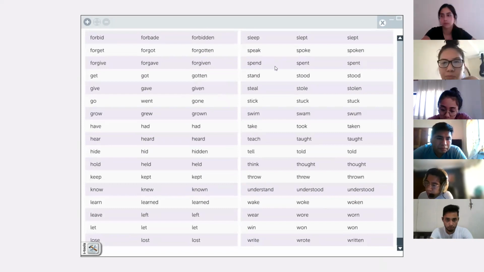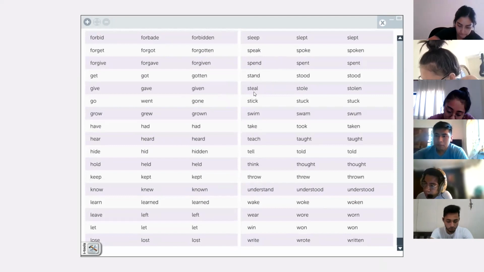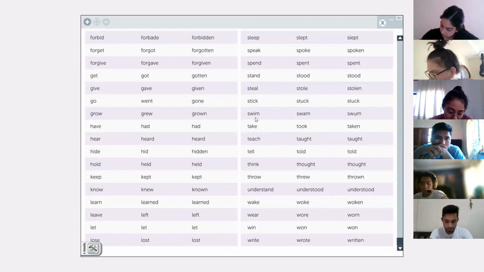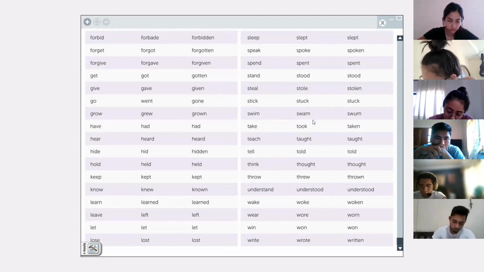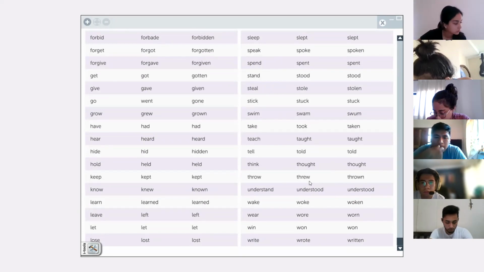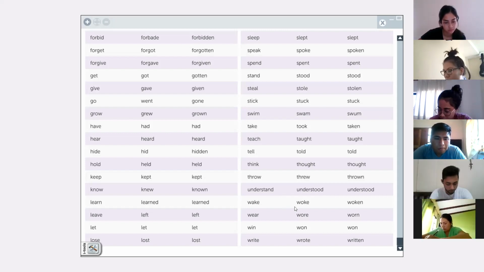Speak, spoke. Spend, spent. Stand, stood. Steal, stole. Stick, stuck. Swim, swam. Take, took. Teach, taught. Tell, told. Think, thought. Throw, threw. Understand, understood. Wake, woke. Wear, wore. Win, won.